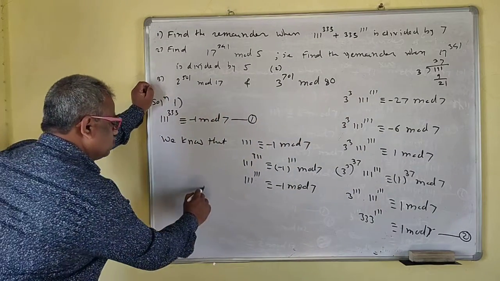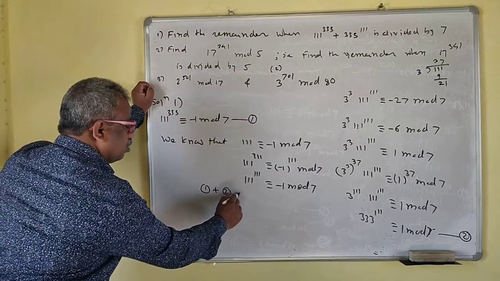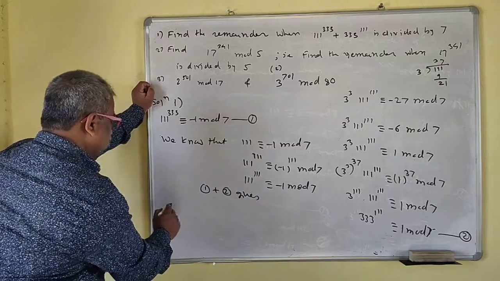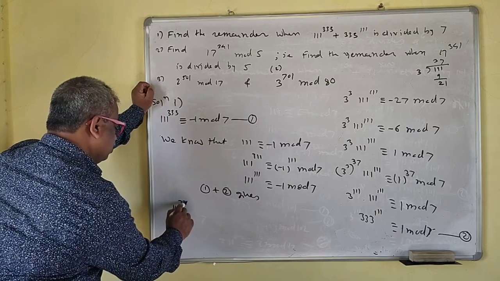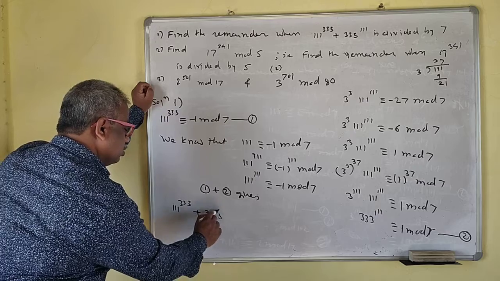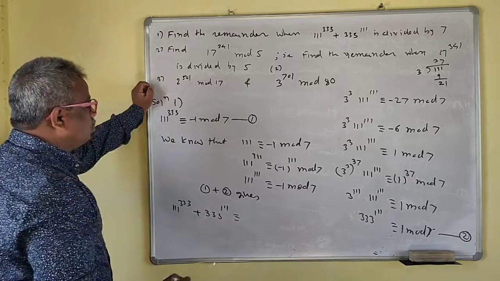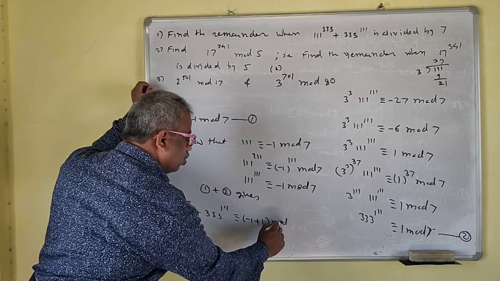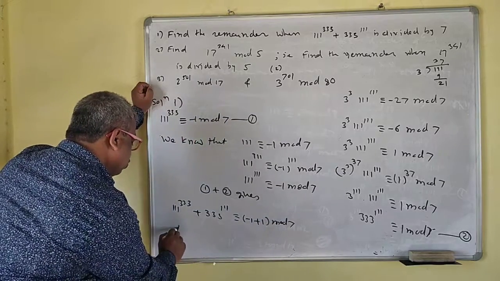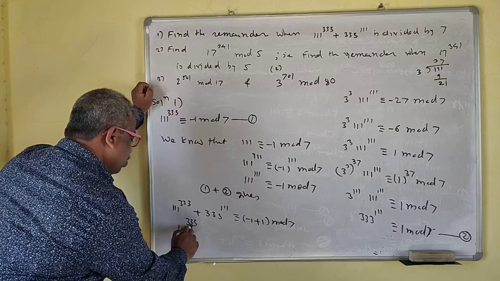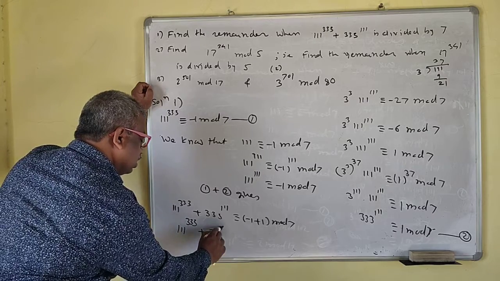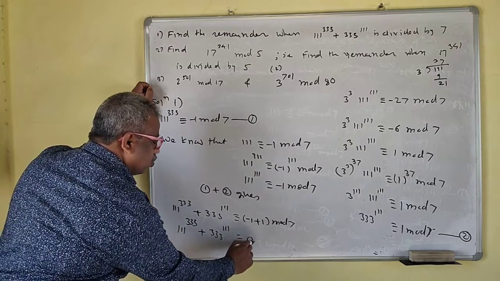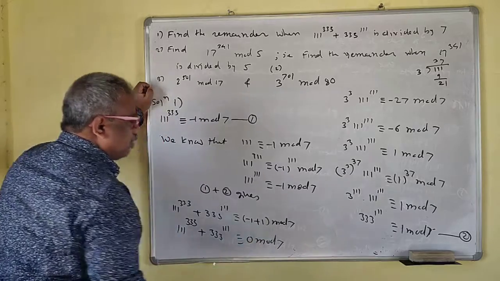So 1 plus 2 gives: 111 to the power 333 plus 333 to the power 111 is congruent to -1 plus 1 modulo 7, that is 0 mod 7.